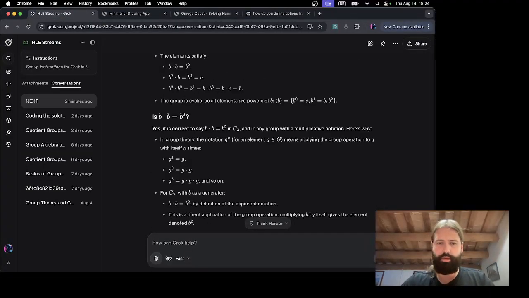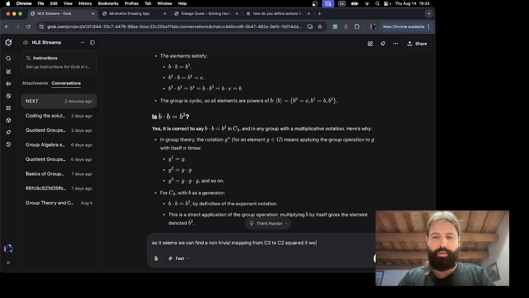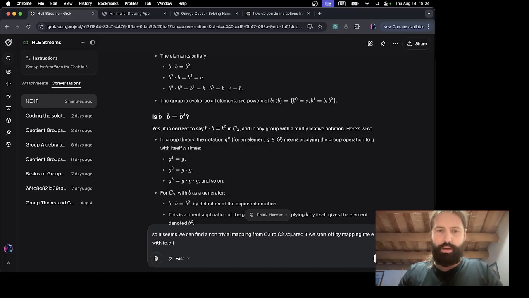So it seems we can find a non-trivial mapping from C3 to C2 squared if we start off by mapping E with EE. Can we map E to something else?